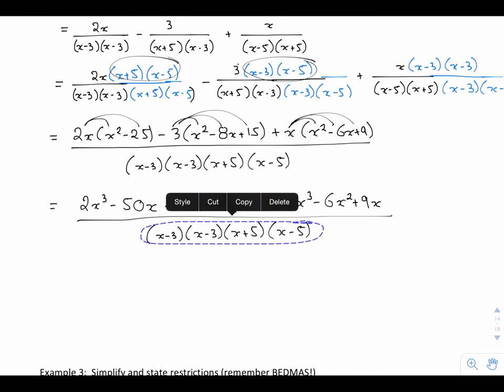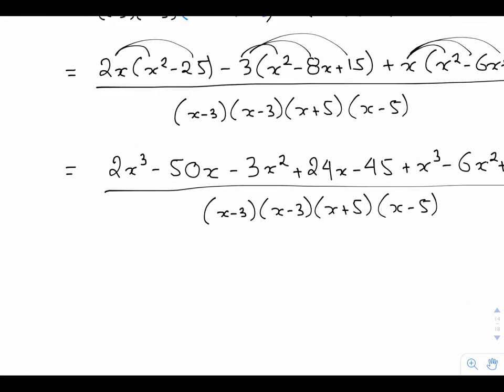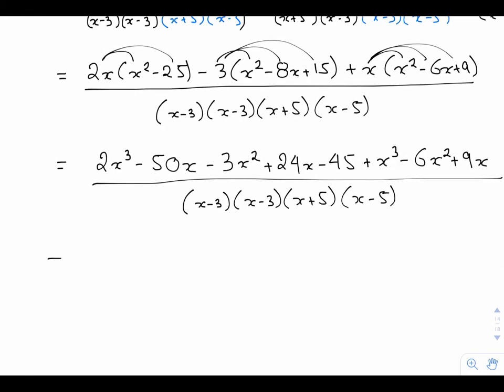And I'm almost done at this point. My final expression is I'm going to collect the like terms here. So I have this 2x cubed and the x cubed. That'll give me 3x cubed. I have the negative 3x squared.